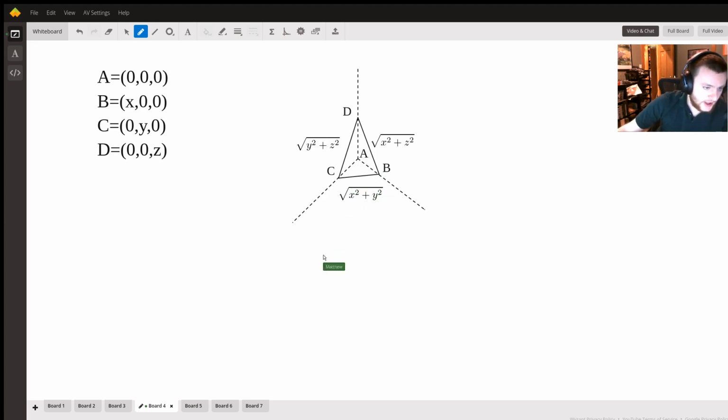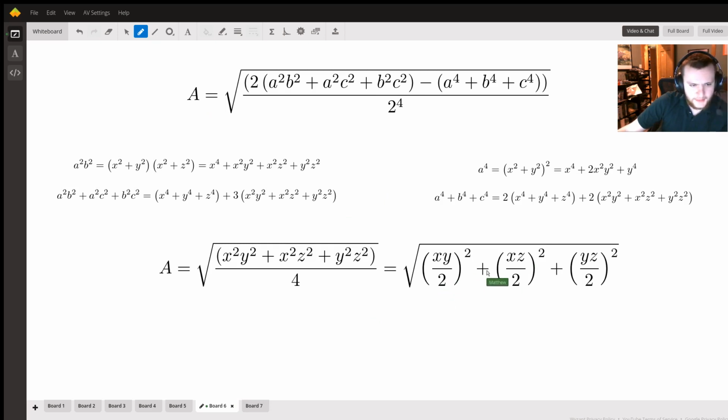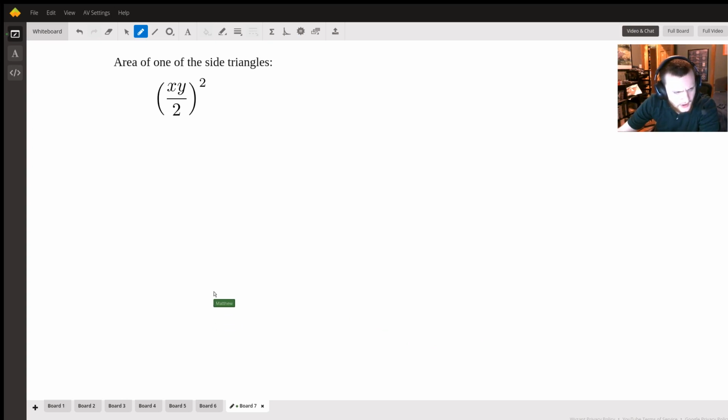And we notice that this shows up in our formula here, and this is because the triangles are similar figures to each other, and so we can extend into 4 dimensions.